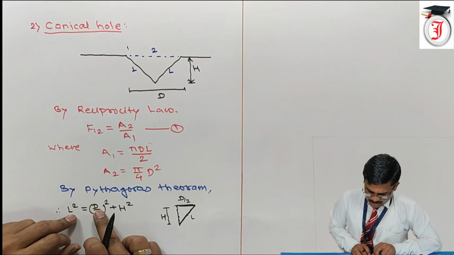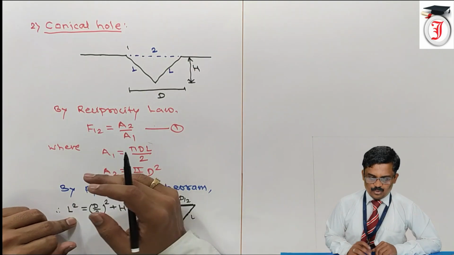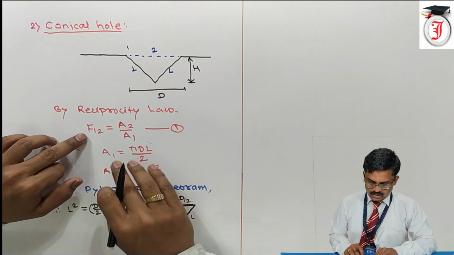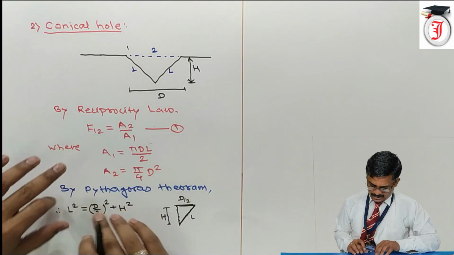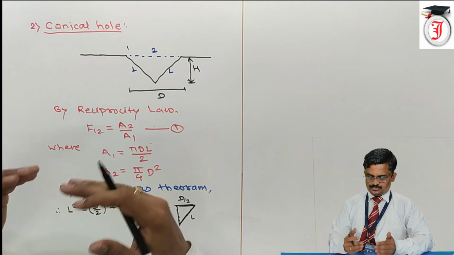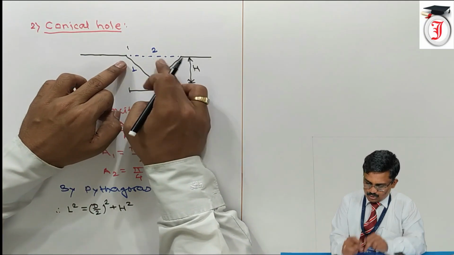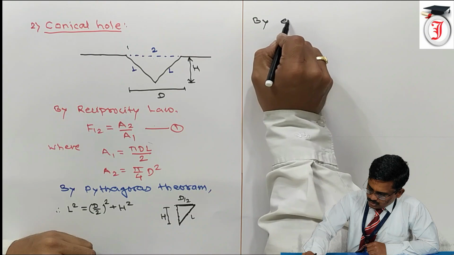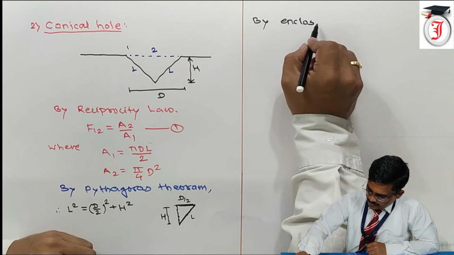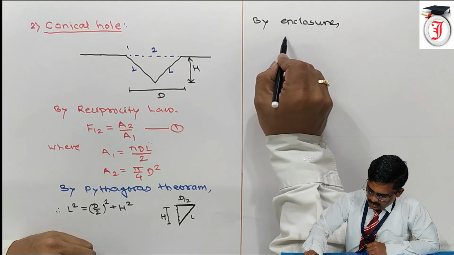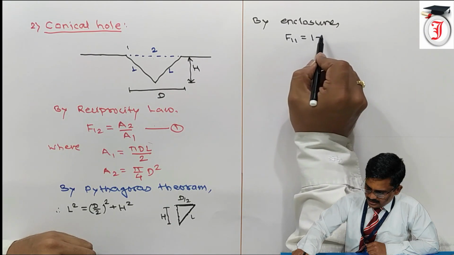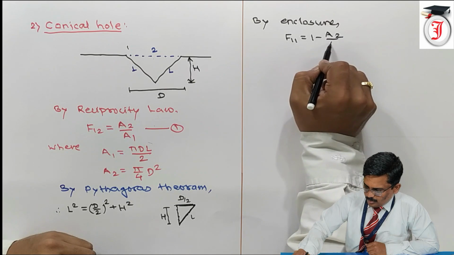So let us put these values in the above equation. But before that, let us consider an enclosure. By enclosure, we know F11 is equal to 1 minus A2 upon A1.